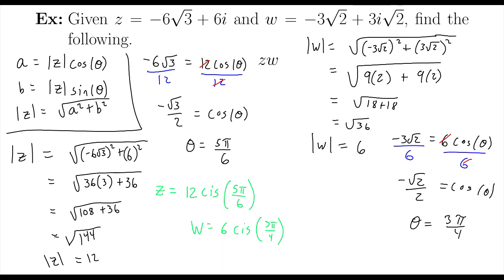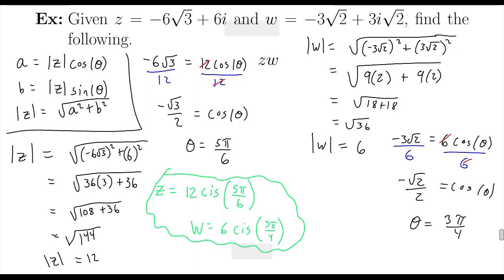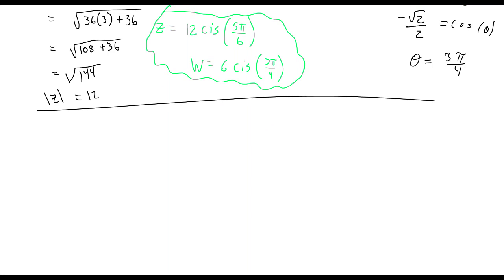We haven't even gotten to the problem yet. We rewrote these, and I promise we'll use these multiple times aside from this problem. All right, so we have z and we have w. Now let's actually answer the question: what is z times w? Here we're going to use the rule for multiplying complex numbers in trig notation.